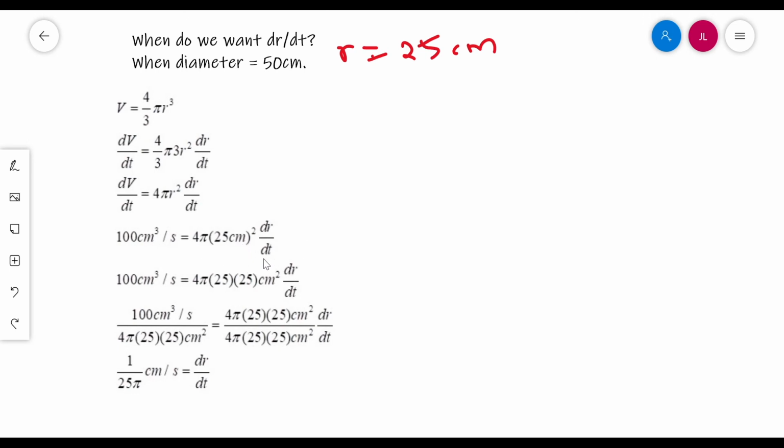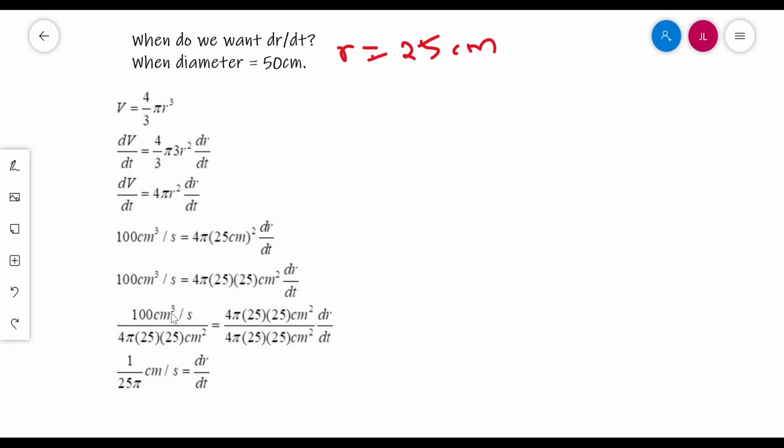Just make sure you're careful with the units, because that can really help you validate your answer. 25 centimeters squared is 25 times 25 square centimeters. And then we divide both sides by the coefficient of dr/dt, 4 pi times 25 times 25 times centimeters squared.